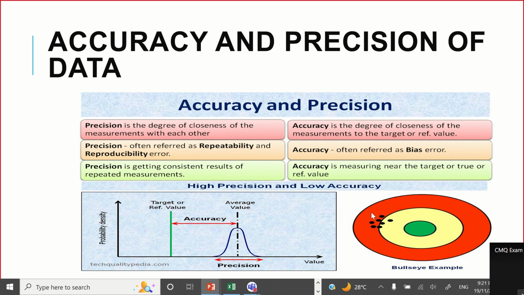It's always repeating the same, you're getting the same result, and it's all close to each other, but it's way away from the center where it's required. And again, they say there are statistical ways in which you can measure the accuracy and the precision and calculate that for quality purposes, for literature reviews and so on.